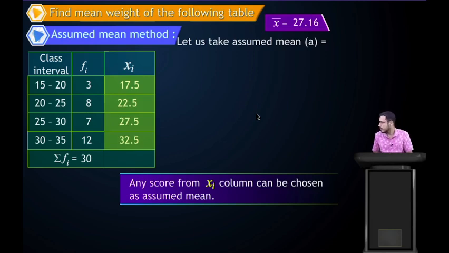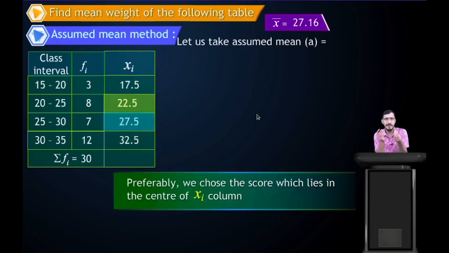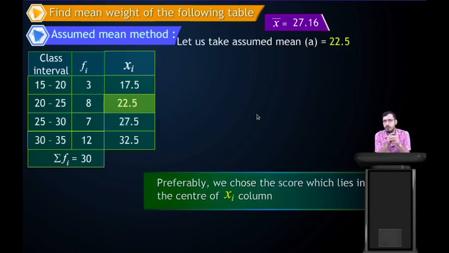There are four values. You can choose any one, but preferably we choose the score which lies in the center of the xi column. Here there are 4 values, so we can use the second or third. We can choose 22.5. So let us take the assumed mean as 22.5.